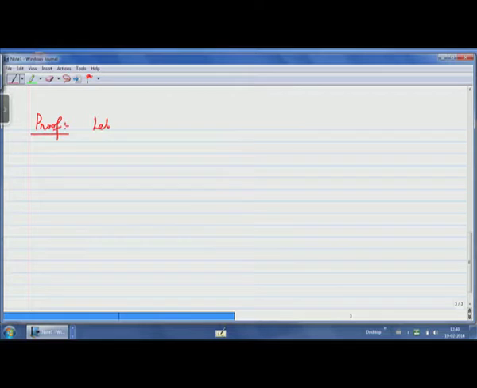So let us first deal with the point at infinity, the point z equal to infinity.